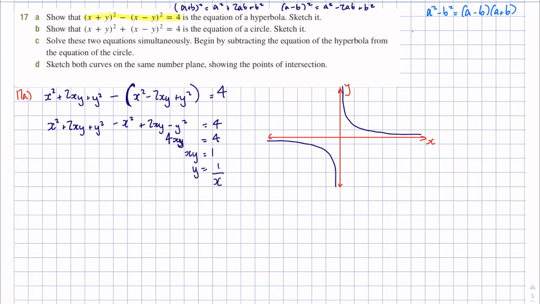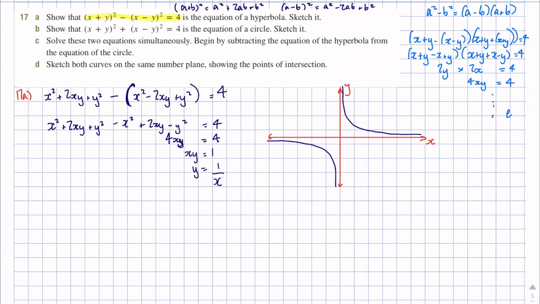So this one I've got x plus y take x take y, x plus y plus x take y equals 4. So I end up with 2y times 2x, 4xy equals 4. Yeah, probably expanding it was the quicker way.